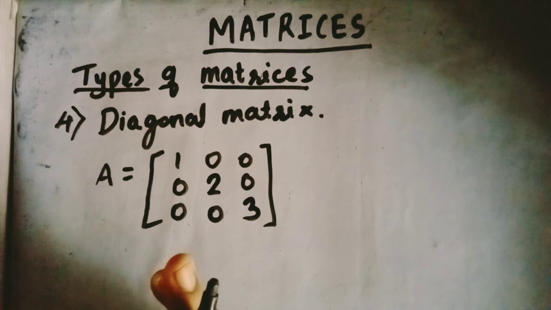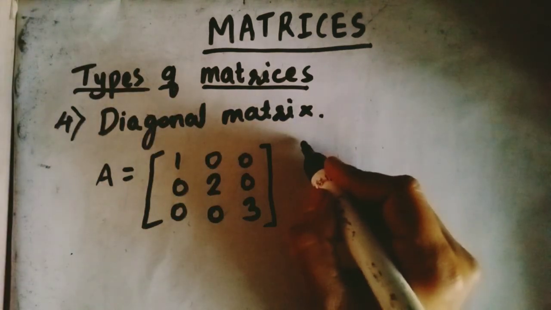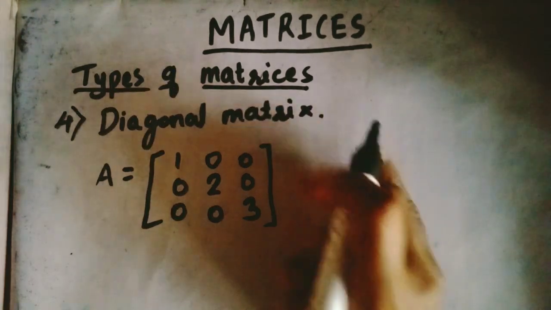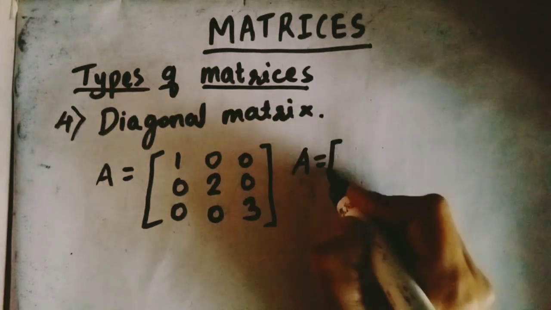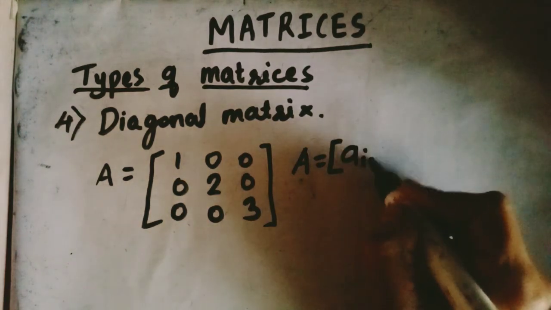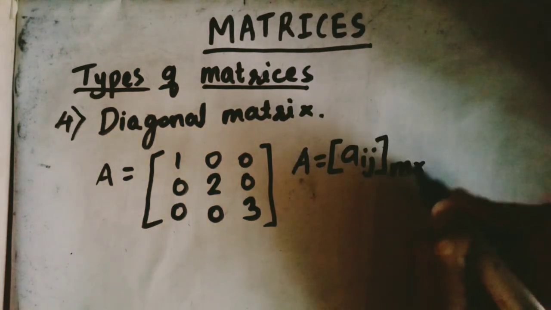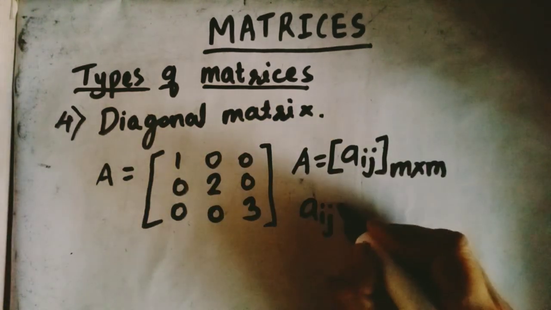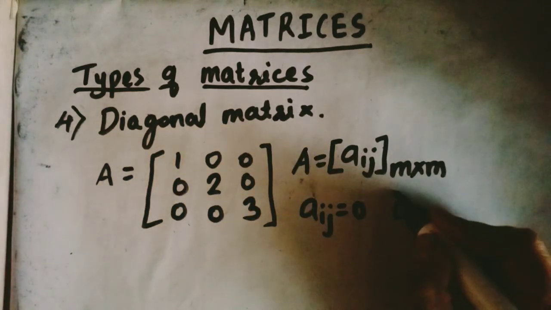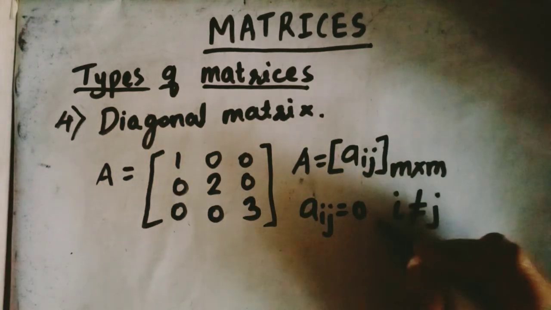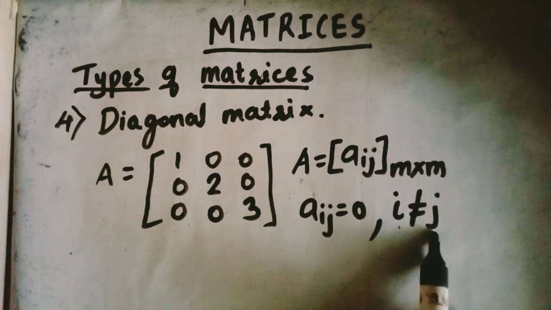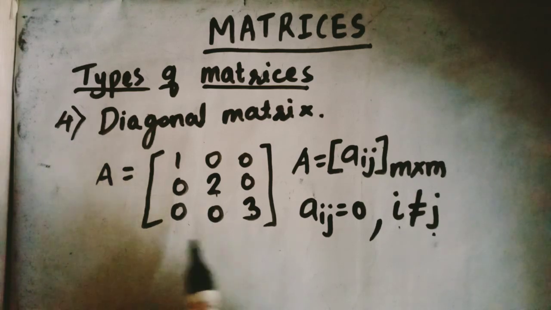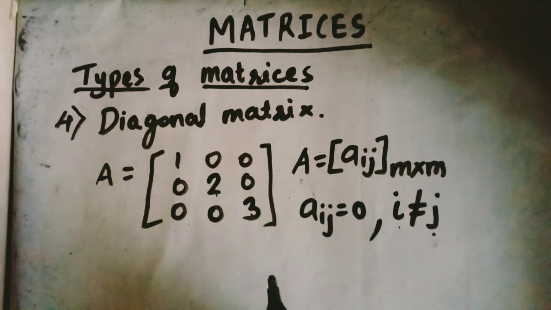It is represented as Aij of order m cross m, a square matrix where Aij is 0 whenever i is not equal to j. Whenever i is equal to j, the elements can be other than 0, and the rest of the elements are 0 for i not equal to j.